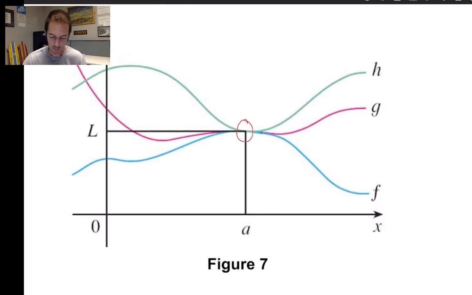So if your limit for h is coming in here and it's approaching a particular y value from the top, and as you come in from the left on your f function, the y values are approaching a particular value from the bottom, they end up squeezing that g function between them, and you end up with a g function that will necessarily have that same limit, whether you're coming in from the left or coming in from the right.